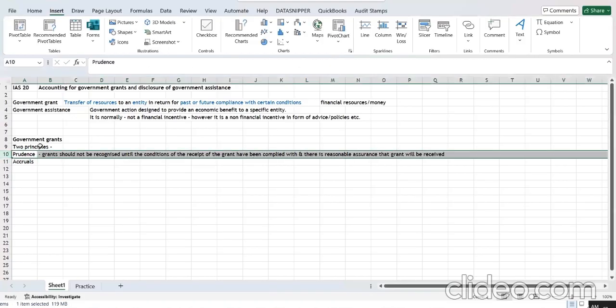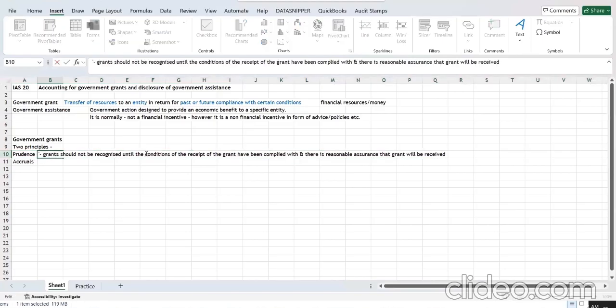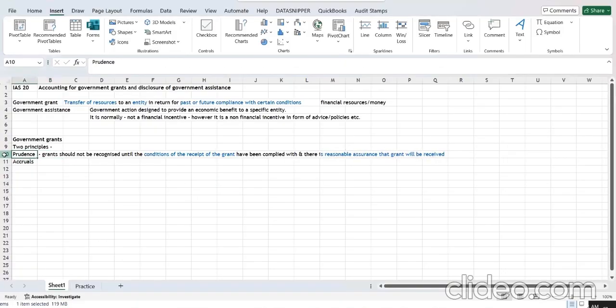Now, prudence concept says that until the conditions of grant are not satisfied, are not met, we should not recognize it. Plus, there should be reasonable assurance that the amount from the government will be received. So, this is what our prudence concept says.